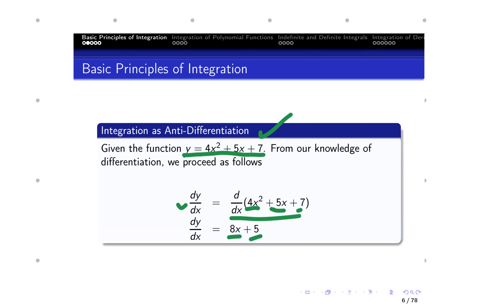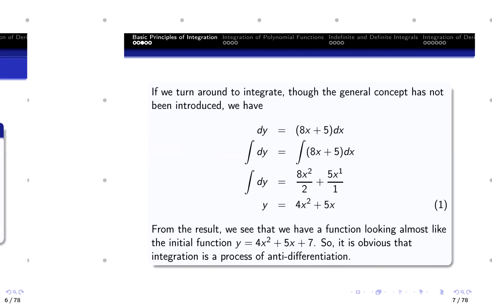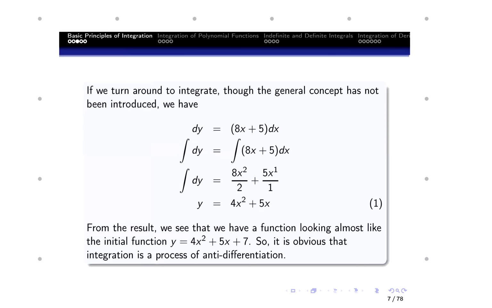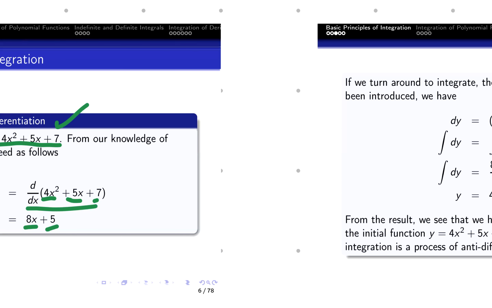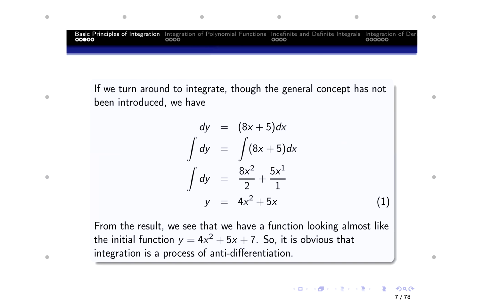Now, we are talking about integration, but integration can be seen as anti-differentiation. So now we have differentiated that function. What we want to do now is integrate the result. The result of that is 8x plus 5. So let's integrate that and see what happens. I've not talked about integration in general, but this is us going ahead of ourselves just to make a point that integration is anti-differentiation.